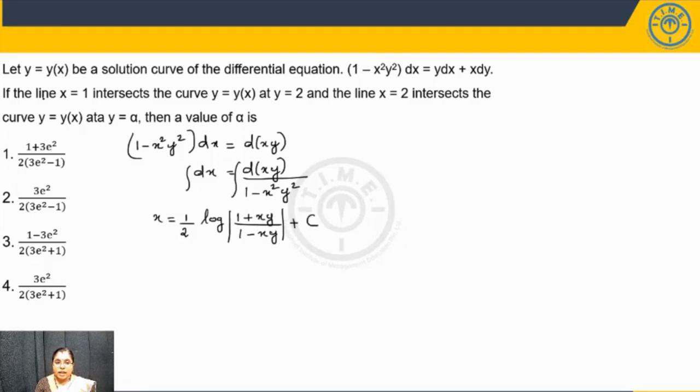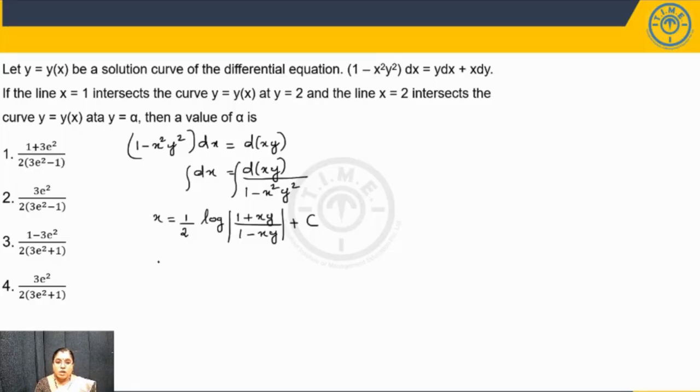Now we are given that the line x is equal to 1 intersects the curve y is equal to y of x at y is equal to 2. So the point at which this meets y of x, x is equal to 1 meets y is equal to 2. So that means you have to replace x by 1 and y by 2.